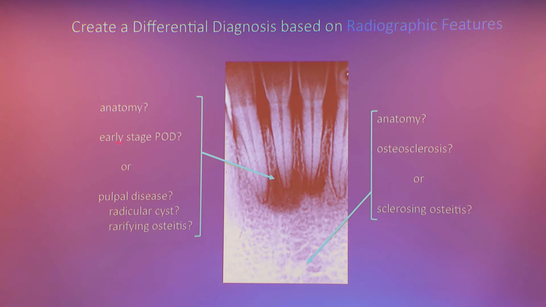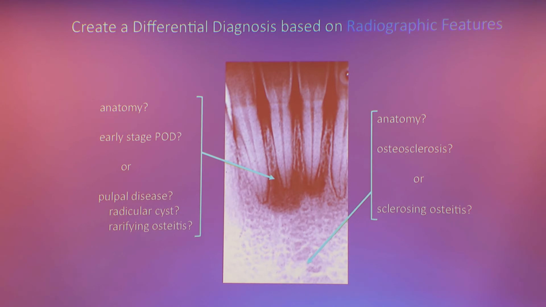Early stage POD would be in the differential also because of the shape. See, it's not a regular oval shape, which would be the typical shape of the mental fossa. Because the PDLs are intact and the lamina duras are intact too, at least where they're not burned out, I would put pulpal disease at the bottom of the differential.